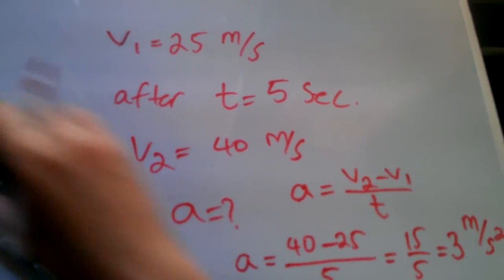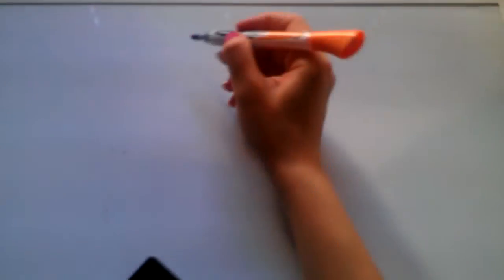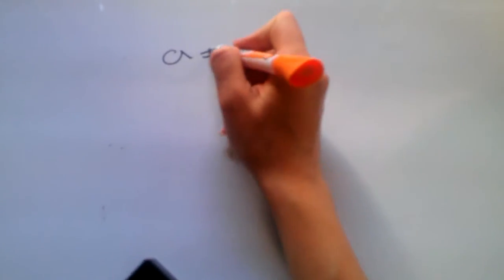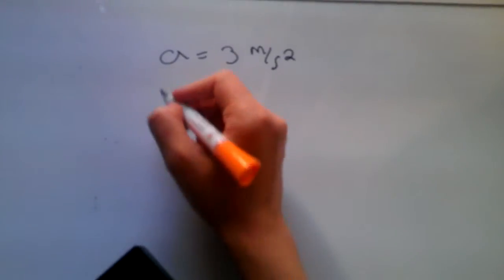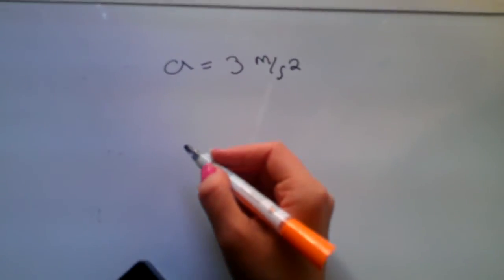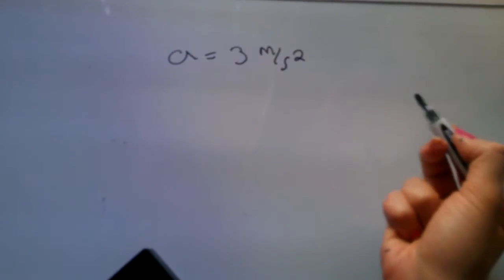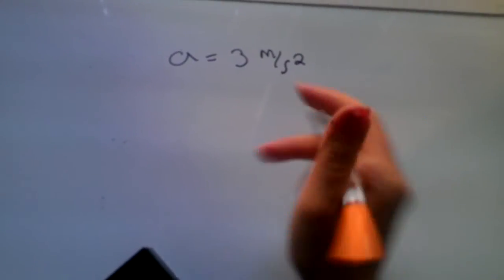Now, there could be a case where you are given the acceleration and the time and the initial velocity, but you're solving for the final velocity. For example, if I tell you that the acceleration of a car is 3 meters per second squared, and the car is moving from rest, get used to this terminology.